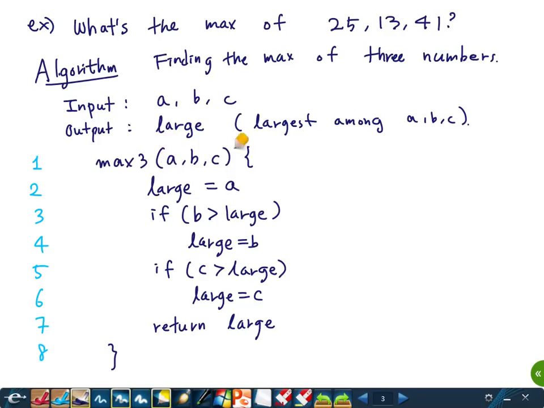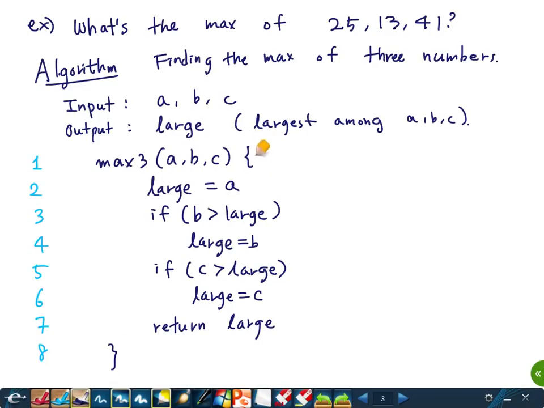And we have this parenthesis. It means the things inside of the parenthesis will be the input. So we have input A, B, C. So this means the name of the algorithm is max3, and the input will be 3 numbers, A, B, C. Okay? And then we have this curly brace. You can see the left curly brace over here and the right curly brace here.